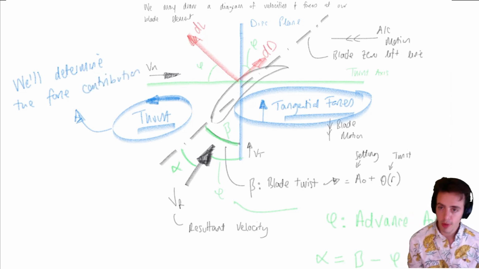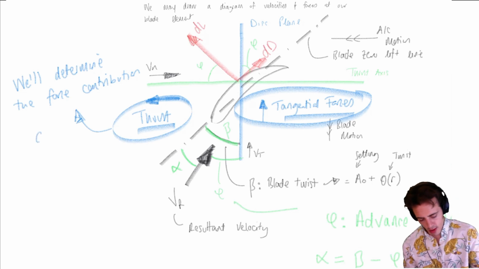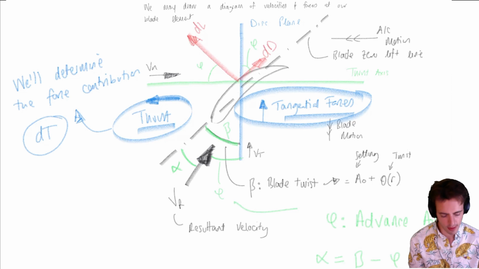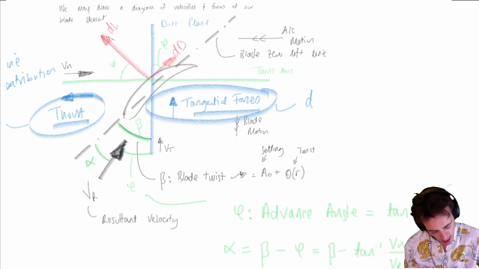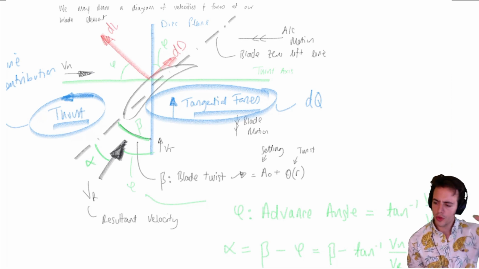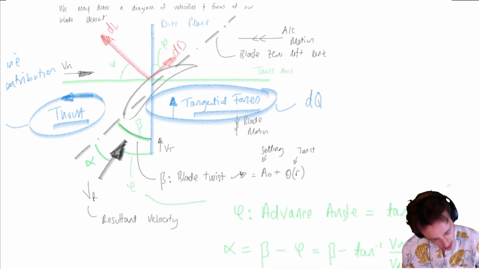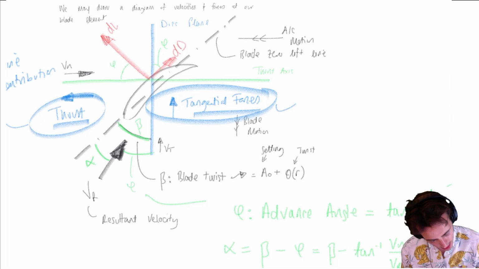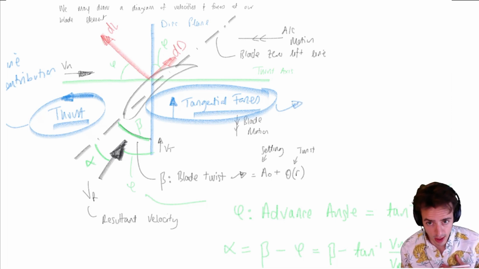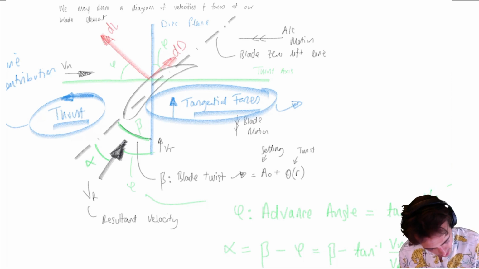So the force contribution acting in the thrustwise direction, we can just say is dT, elemental thrust. Now then, over here, we're going to say dQ. This is our torque contribution. Let's go one step back. Let's say our tangential forces are our torque divided by the radial position we are at.